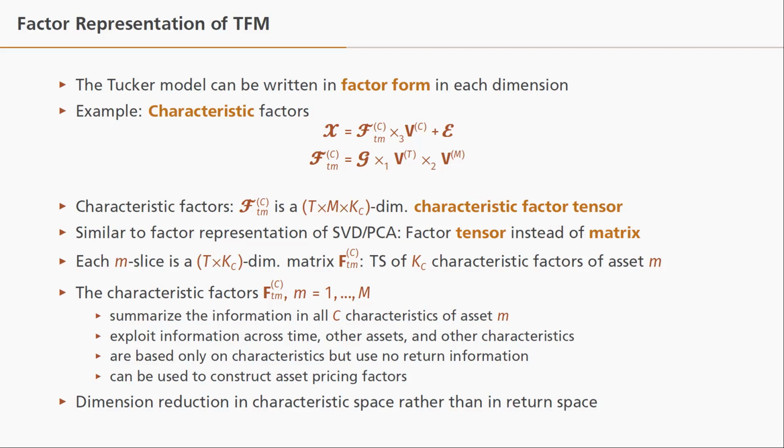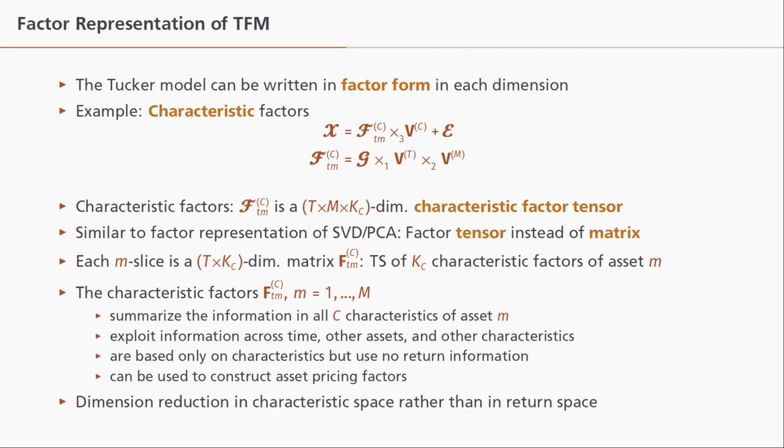In the SVD, we had a factor matrix multiplied by a loading matrix. Here in the tensor model, we have a factor tensor multiplied by the loading matrix. This factor tensor now has dimensions T by M by KC. So this would be the two-dimensional version, and this is the three-dimensional version.